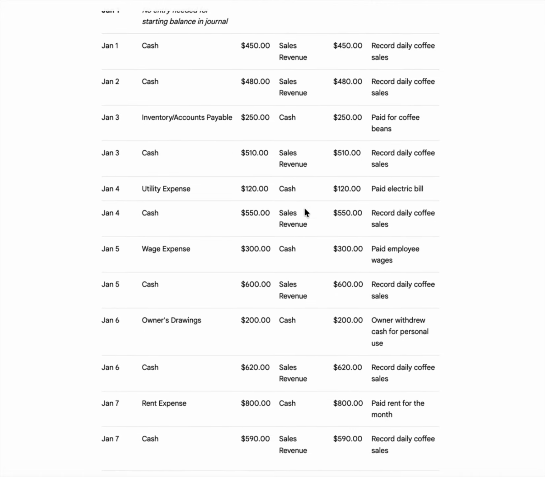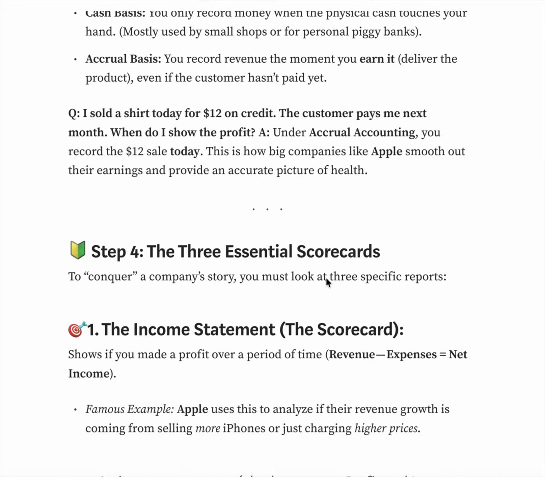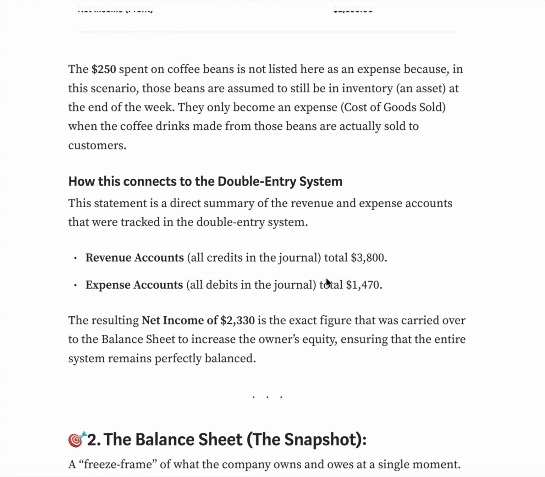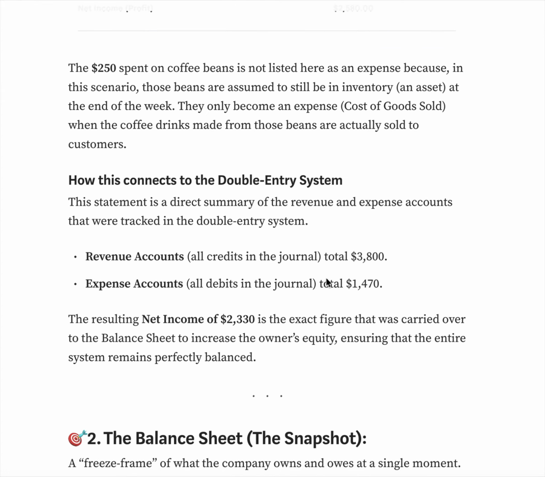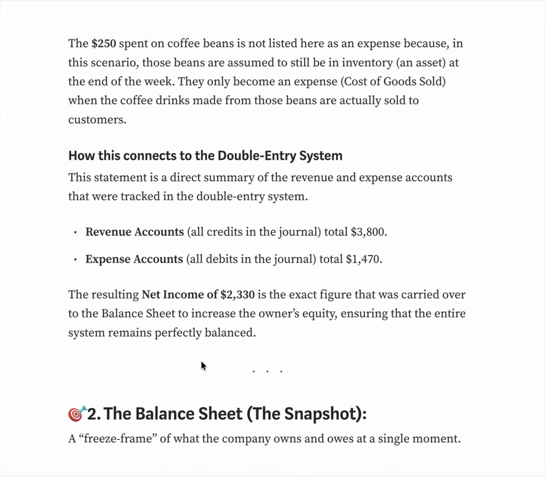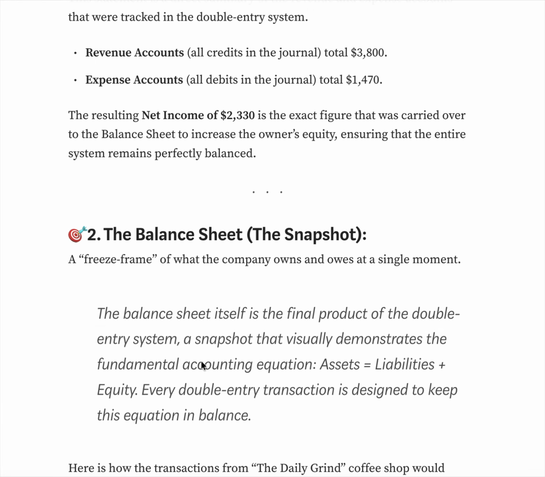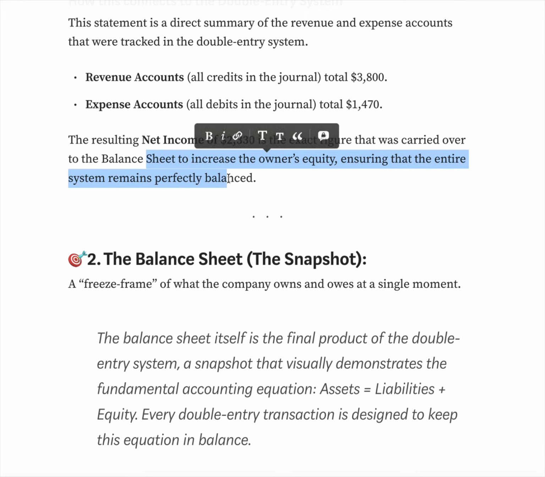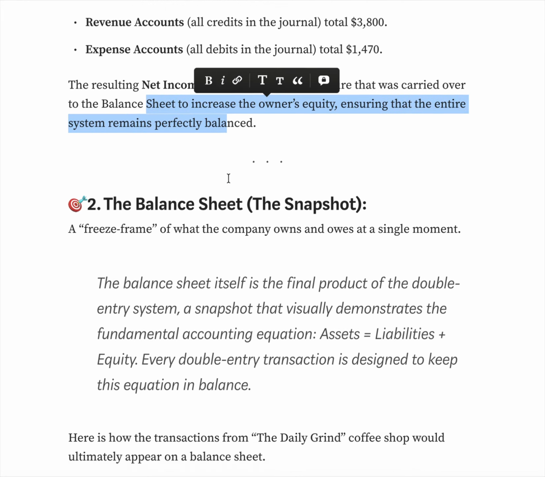If you check all the debits and all the credits, you will get the net income. As you can see here, the net income is 2,580. This is the exact figure that is carried over to the balance sheet, to increase the owner's equity, ensuring that the entire system remains perfectly balanced.